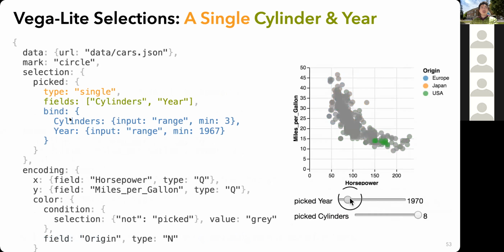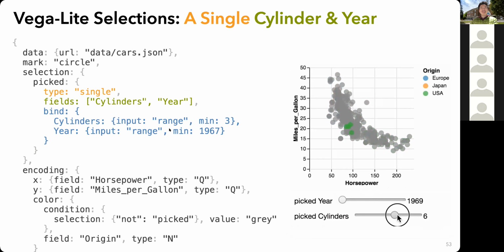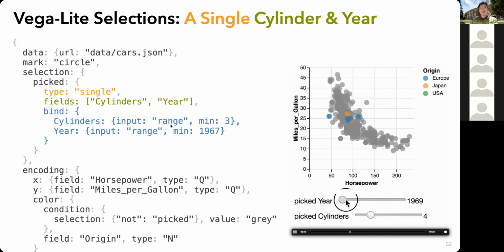I'm going to bind the first input range, this one, to the cylinders. The input type will be range, so that gives you the slider, and this sets the minimum value. So this minimum value will be 3, which is 1 here. This will be the year.